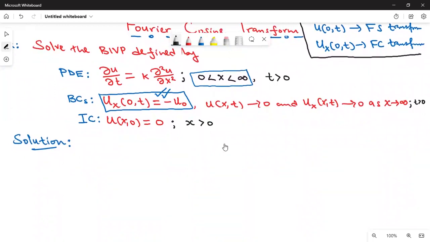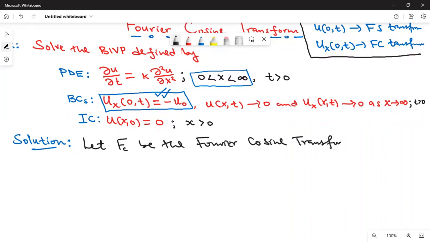Now that we know we are going to be using the Fourier cosine transform, we say let F subscript c be the Fourier cosine transform operator, operating in the variable x.